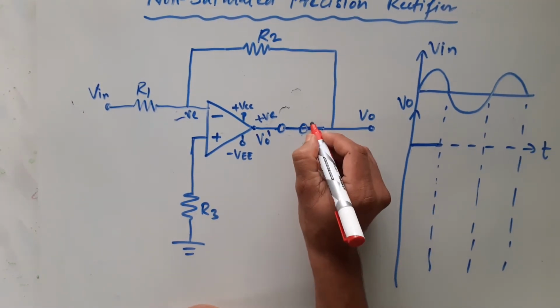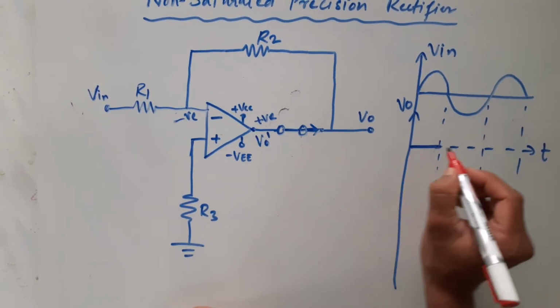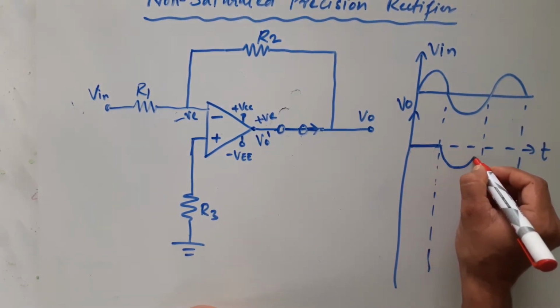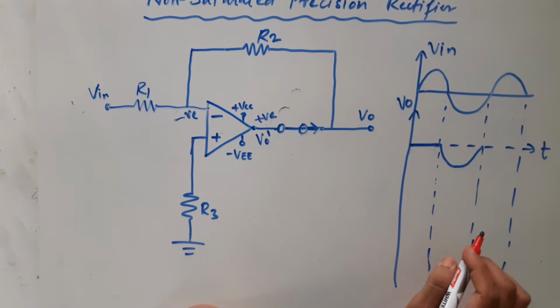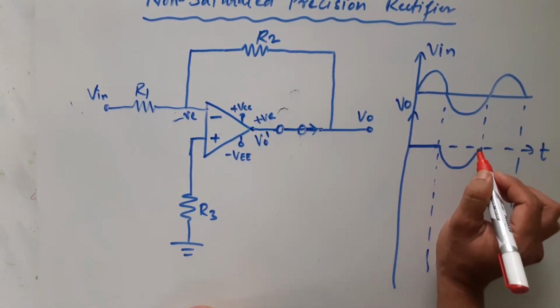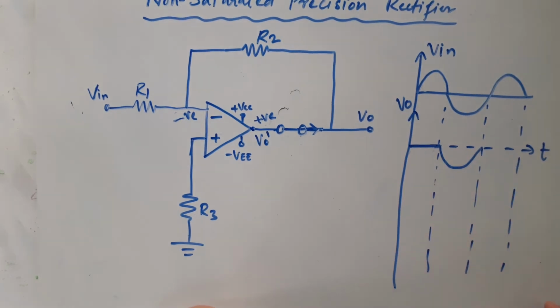Hence diode will conduct and current will flow, and you will get this negative half cycle passing like this. Understood? So negative half cycle will be obtained.